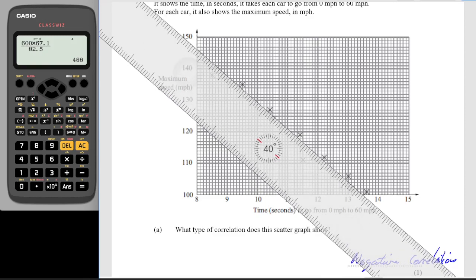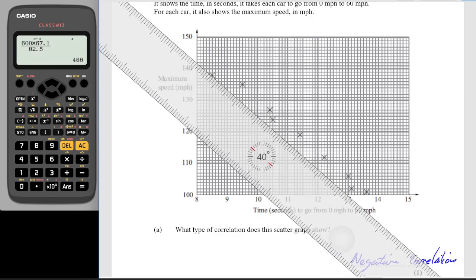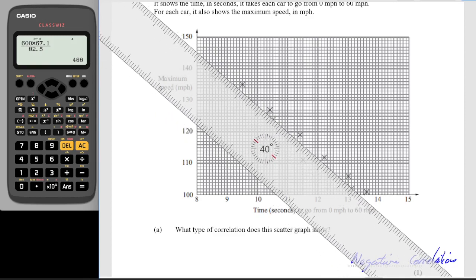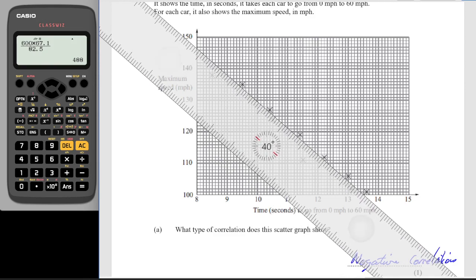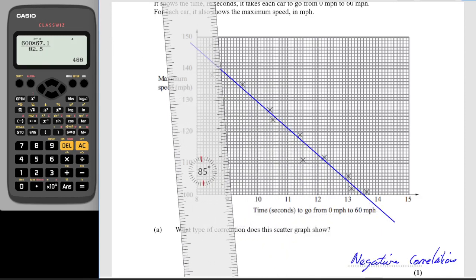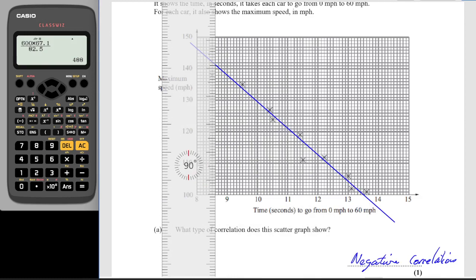So I'm going to place my line and I'm looking for something that will relatively nicely represent the data. So I'm going to go there. So my line of best fit, we'll just take that off and just check that we're happy with that. And I think that's okay.